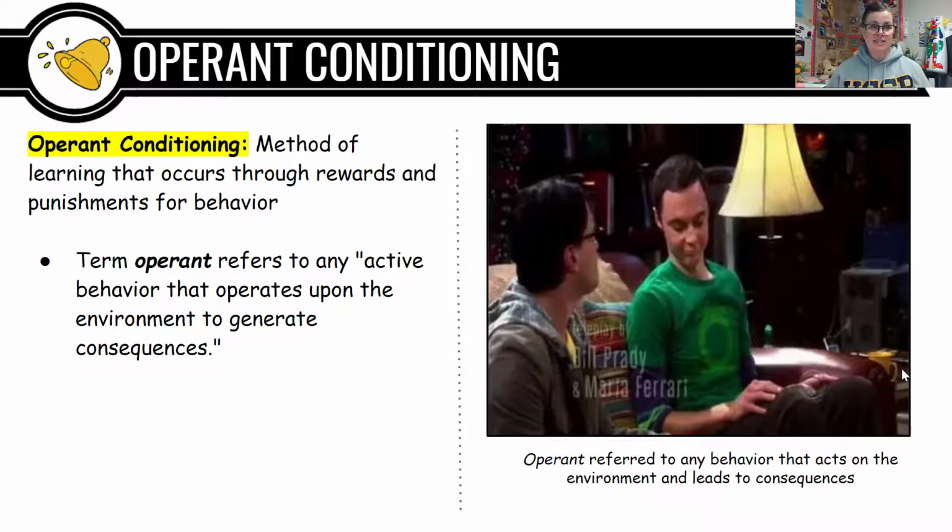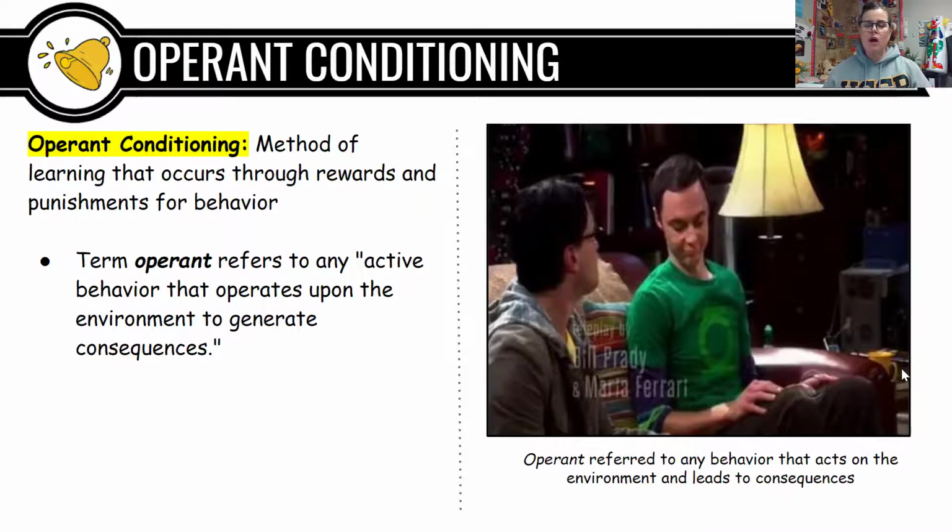And operant, the actual word operant, refers to any active behavior that operates upon, there's where operant conditioning comes from, any active behavior that operates upon the environment to generate consequences.